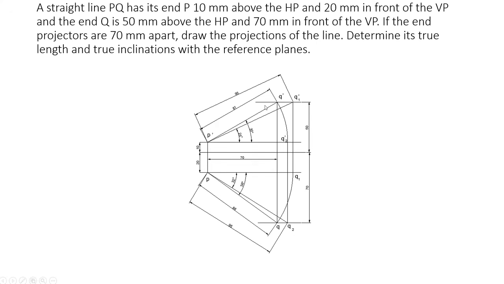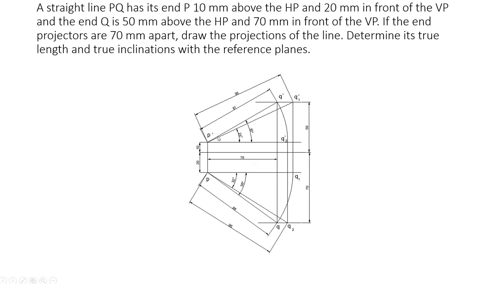That is, the front view P dash Q dash makes an angle of 30 degrees with the reference axis. Similarly, for the top view, the vertical plane angle is the angle of PQ2 with the reference line, which we get as 32 degrees, and the top view PQ makes an angle of 36 degrees. So the actual inclination of the line with the horizontal plane is 25 degrees, with the vertical plane is 32 degrees, and the apparent inclination of the front view is 30 degrees and of the top view is 36 degrees.